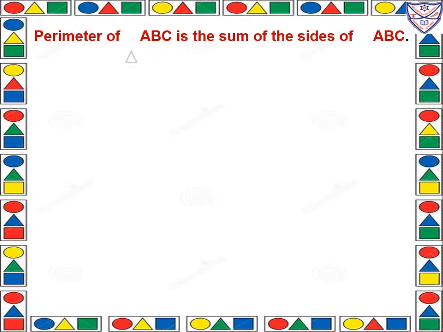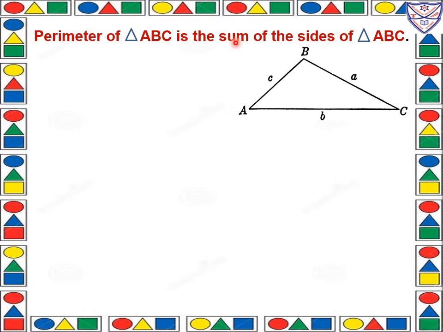Now we will see that the perimeter of triangle ABC is the sum of the sides of triangle ABC. Sum means addition. This is a scalene triangle, all sides are different.